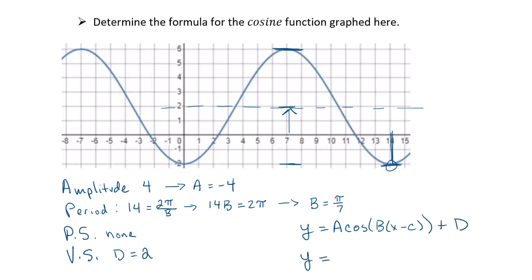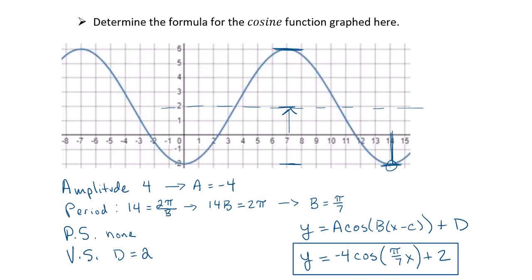So y is -4 cosine of b, which is pi over 7, x, the c was nothing, we don't have a phase shift, so I can just close that here, and d is a positive 2. So that is the formula that could give us that graph. It's not the only formula, but this is a good one that we could use.